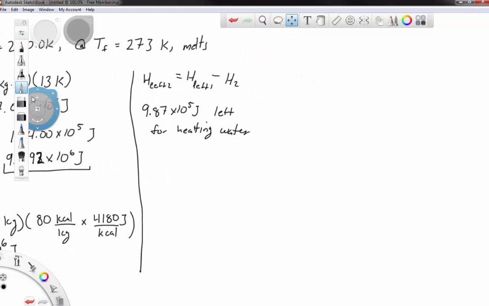So what we need to do for that is use the equation that heat is equal to mass of water times specific heat capacity for water times change in temperature for water. So strictly speaking, we could check to see how much heat it's going to take to get up to the boiling point. And to do that, we basically need to know what the specific heat capacity is for water. So we need to go look that one up.